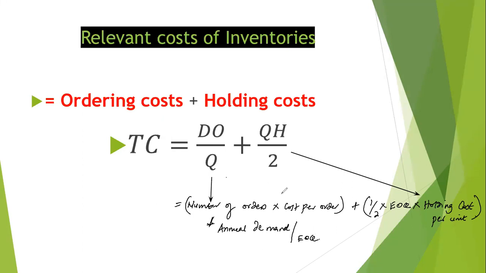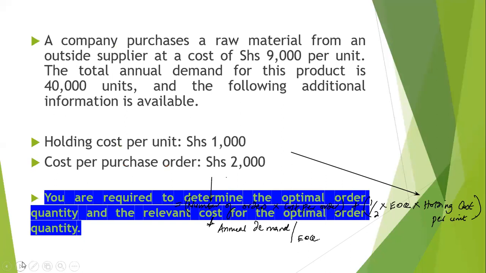So that is the computation of the relevant cost of inventories. We get the ordering costs plus the holding costs. You need to know how to compute these because you may be asked to determine the relevant cost of inventories.